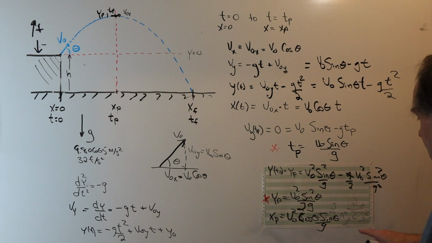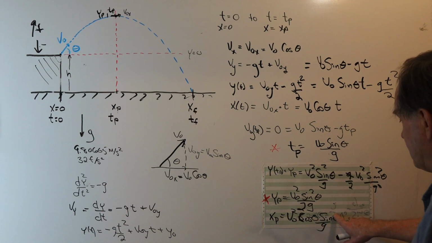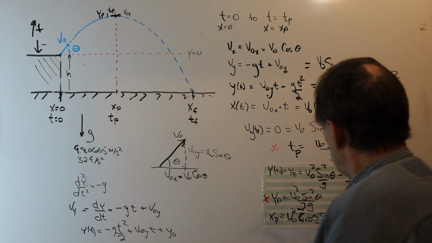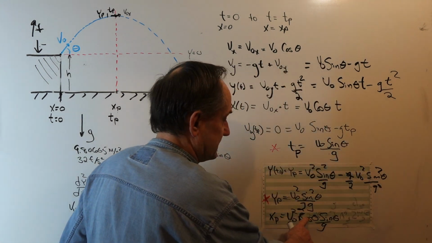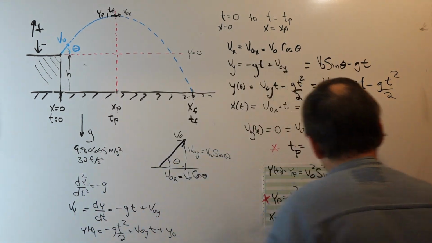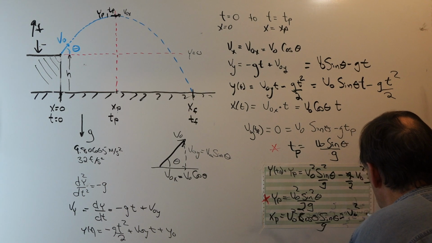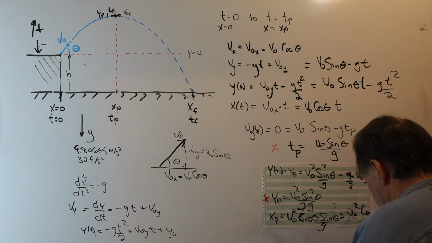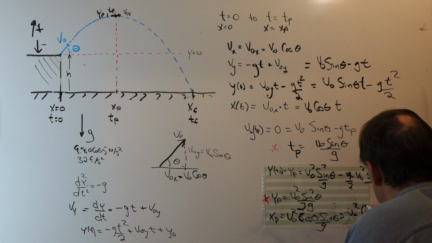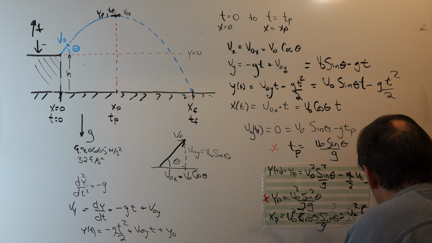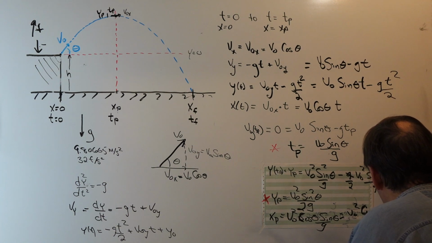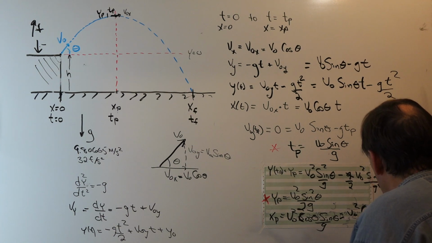Now we could write this using a trig identity. We know that the sine of 2 theta is 2 sine theta cosine theta. So I could write this as v0 squared times the sine of 2 theta all over 2g.